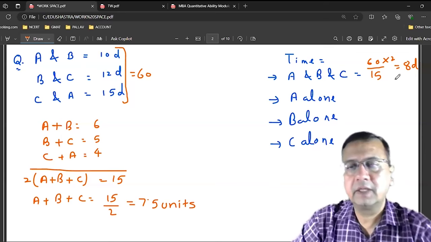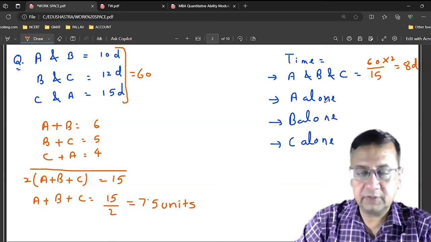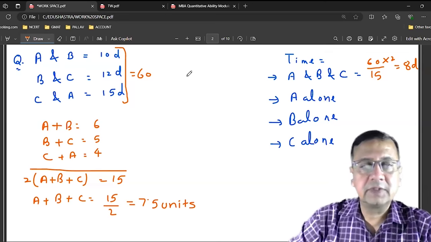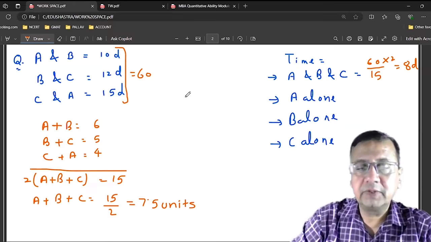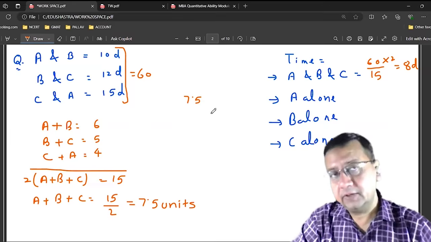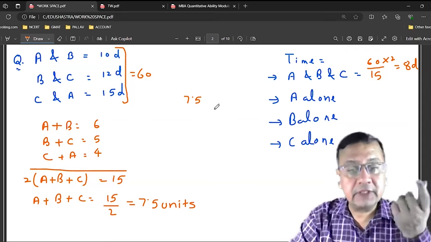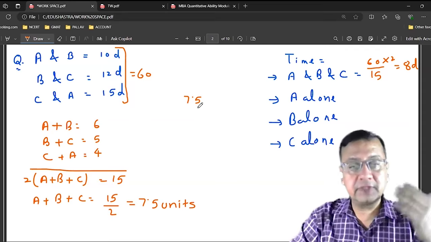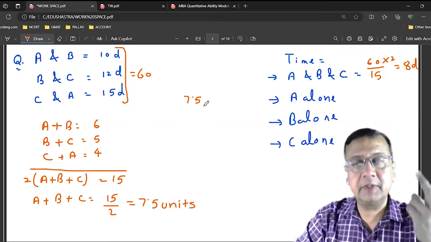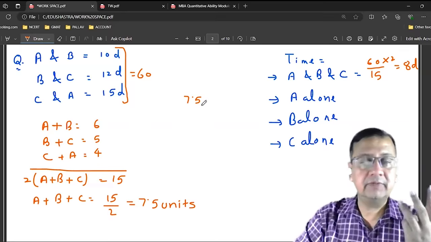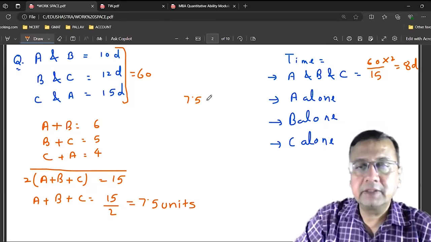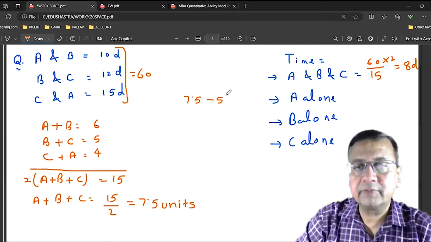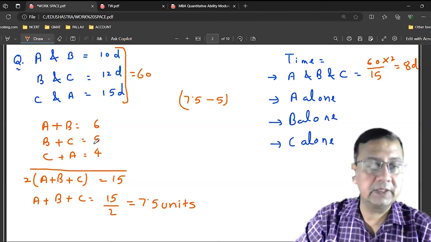Yes, sir. Right? Now A alone, how to find A alone? See, if I need A alone, the total units they are working is 7.5. And I want A alone, that is the efficiency of A. So from 7.5, which is A plus B plus C, I have to subtract B and C. And B and C is doing how much? 5, the second equation.